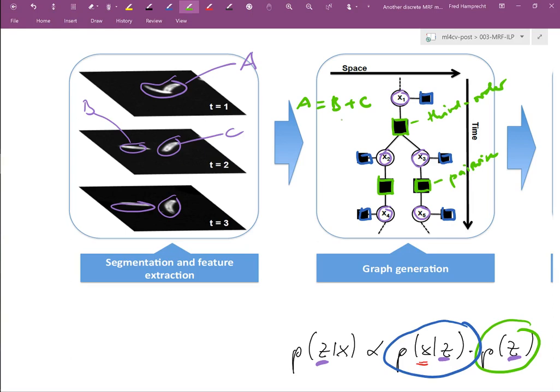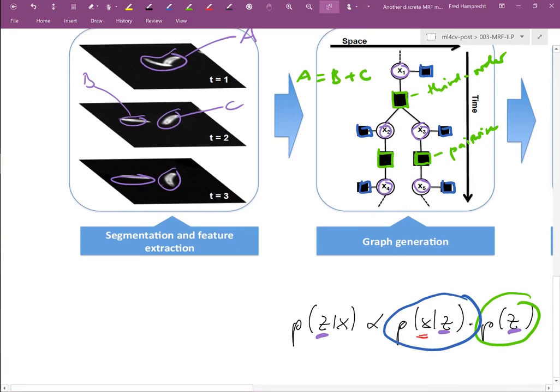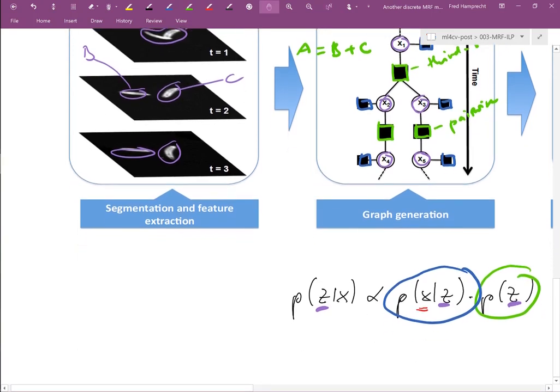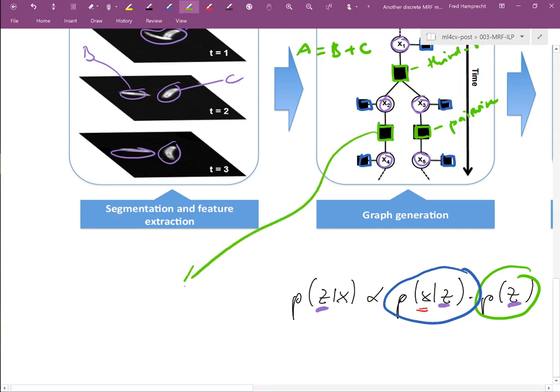And I can now build a conditional probability table, or I can build an energy table. For example, let's say between these detections x2 and x4. We're looking at this factor here, and at the energy that I get between the variables 2 and 4.